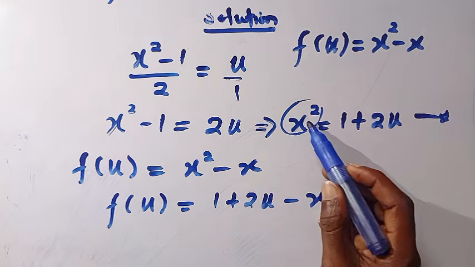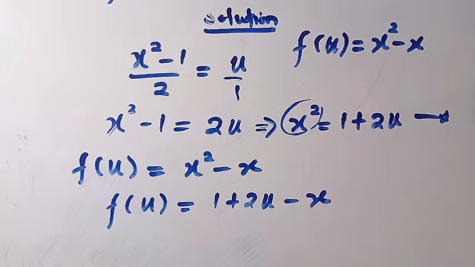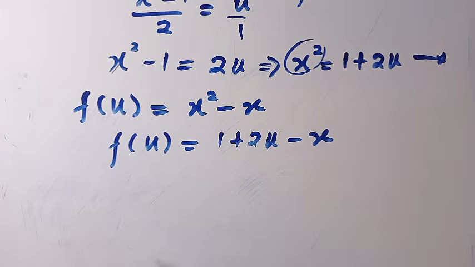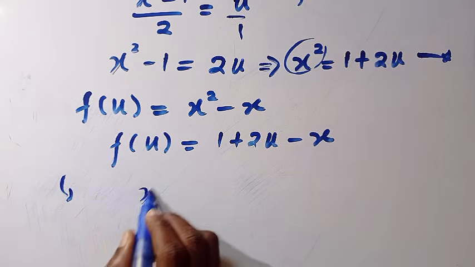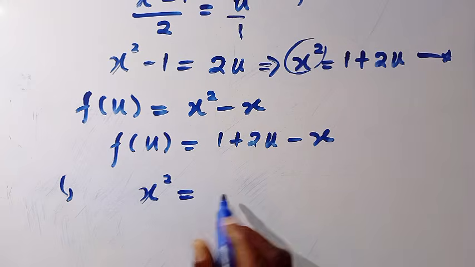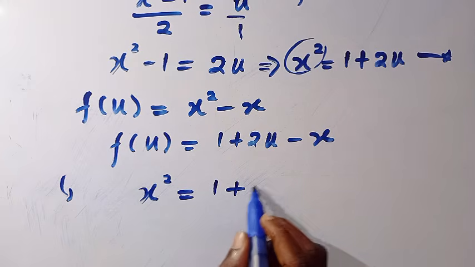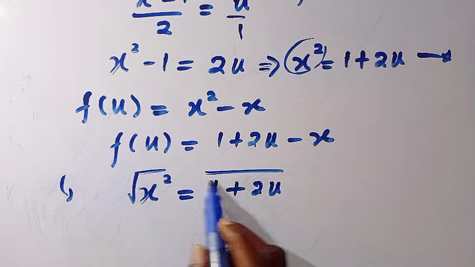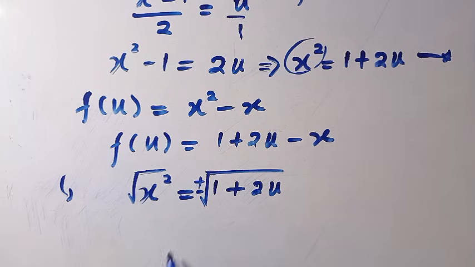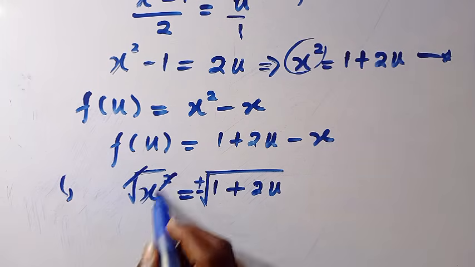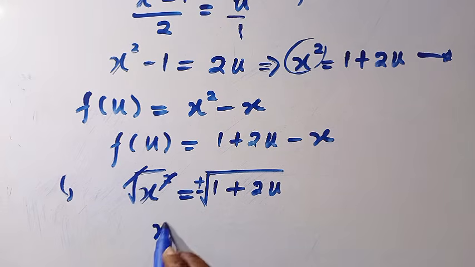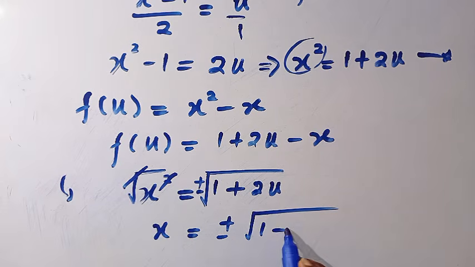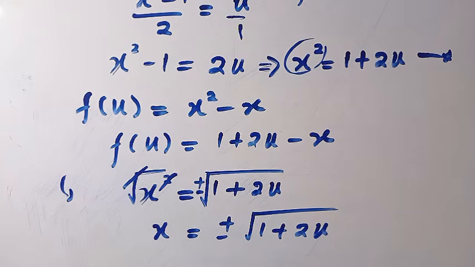Again, we come back to x squared equals 1 plus 2u. From then, we are going to take the square root of both sides. So taking the square root of this, we have plus or minus. As square and square root cancel each other, we have x equals plus or minus square root of 1 plus 2u.